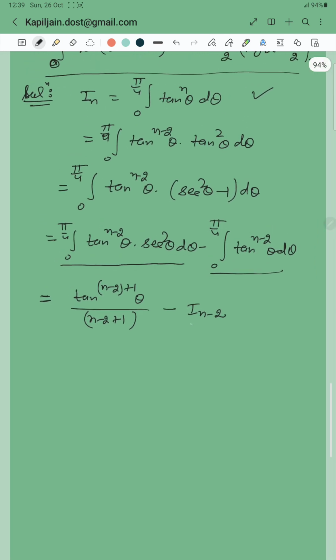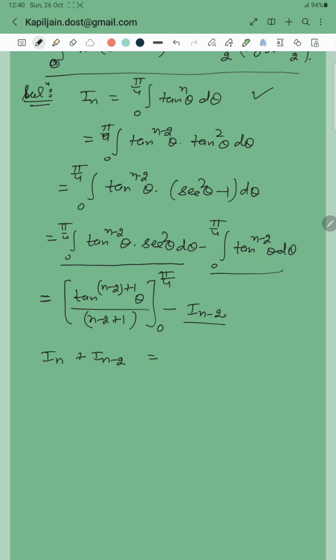Now moving I_n plus I_{n-2} to the left hand side, we have I_n plus I_{n-2} is equal to, and also our integral is a definite integral from 0 to pi by 4.